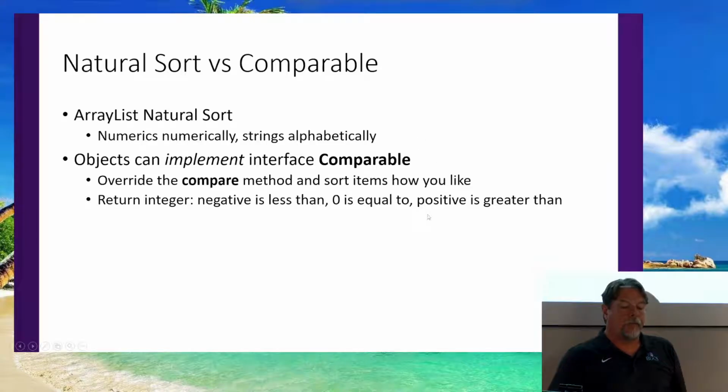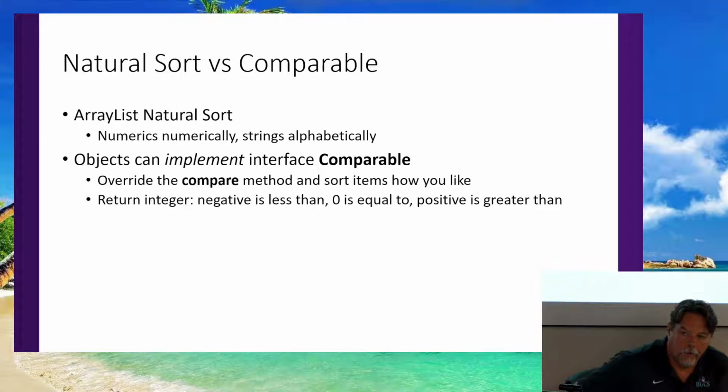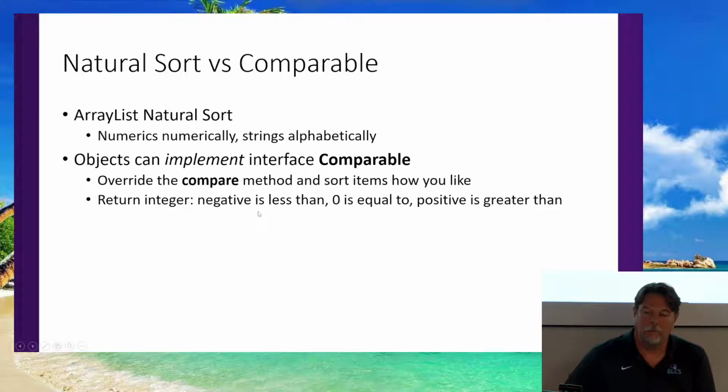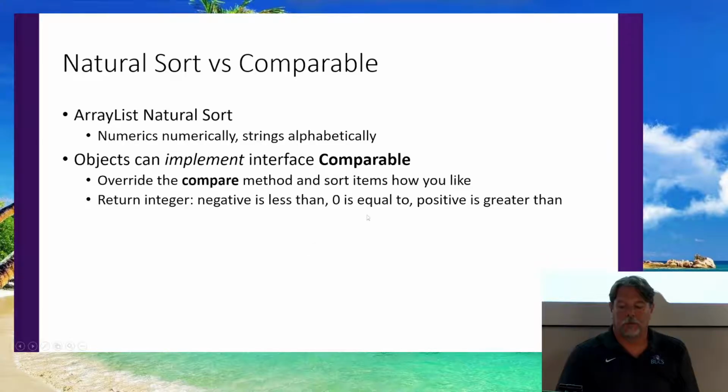Yeah, so another thing when we talk about Comparable and Comparator, so the fact that you can have those things sorted, we have to talk about natural sort versus using an implementation of a sort method.